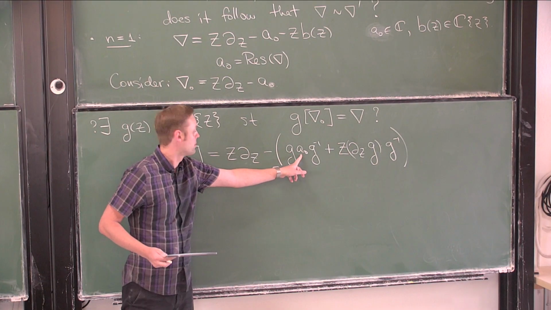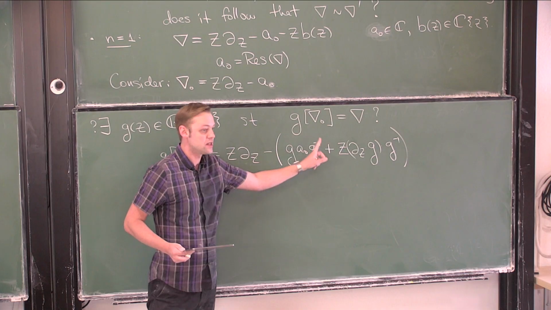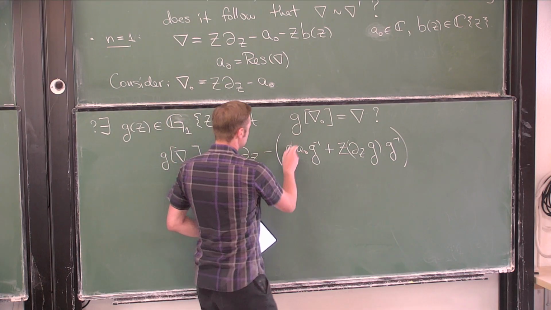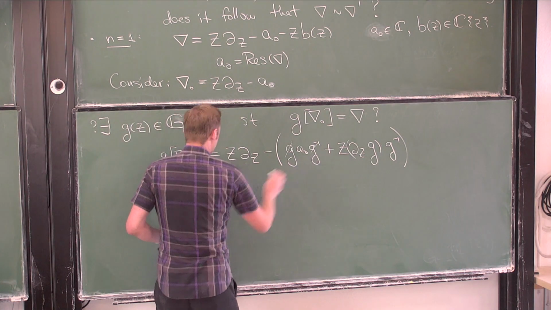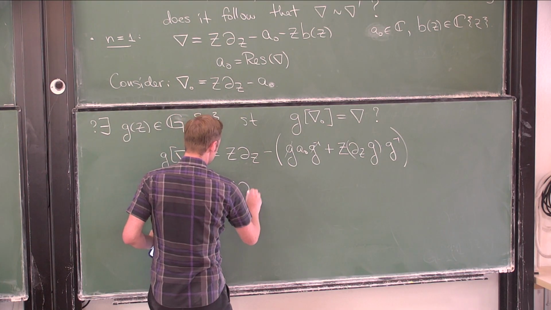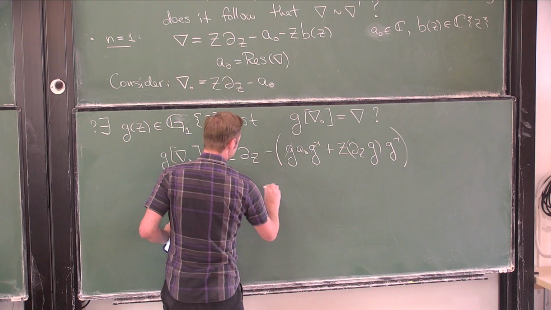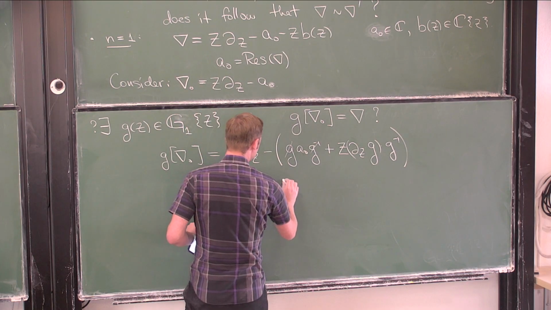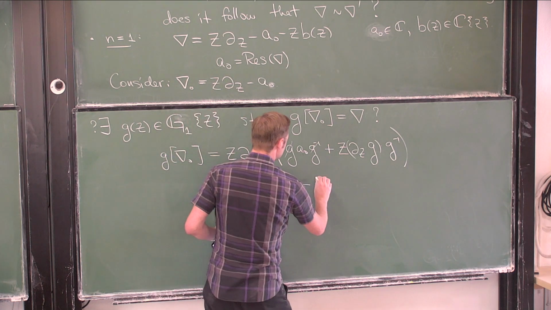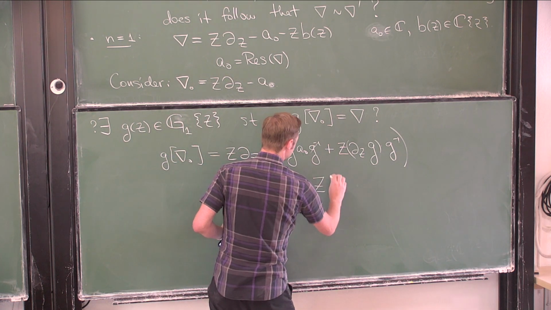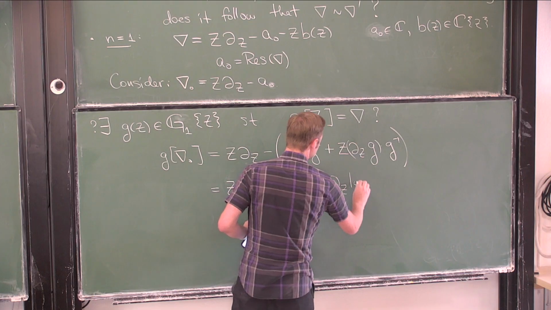G is necessarily a scalar function, and A naught is just a number. So of course all of these now commute, they're not matrices. In particular G and G inverse cancel out. What I have remaining is Z del Z minus A naught minus a term which is the logarithmic derivative of G.